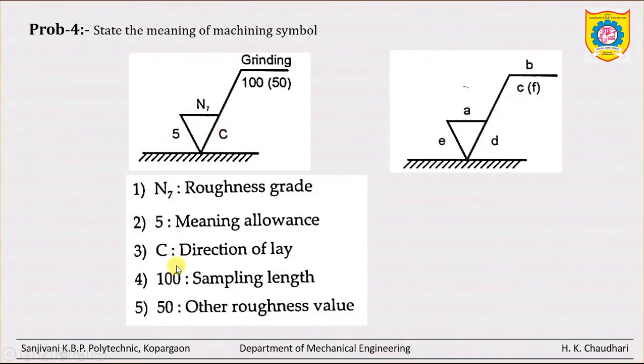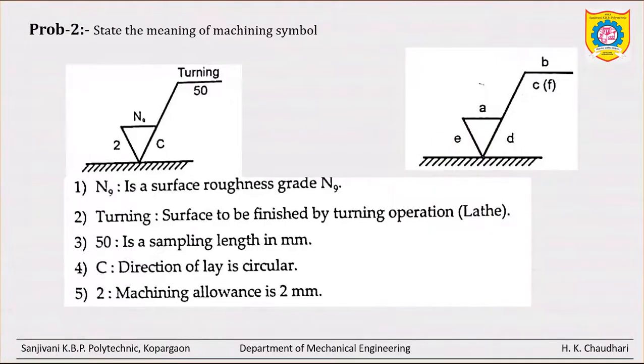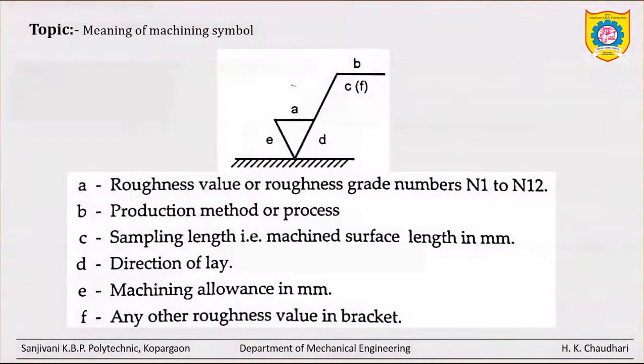Write in sequence and write the reference, or you can just remember this first symbol and these steps, and directly write this. Okay, you will get the answer. Clear? So I hope you understood this machining symbol. Okay, thank you.